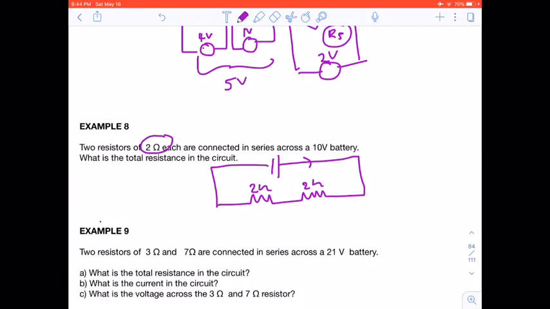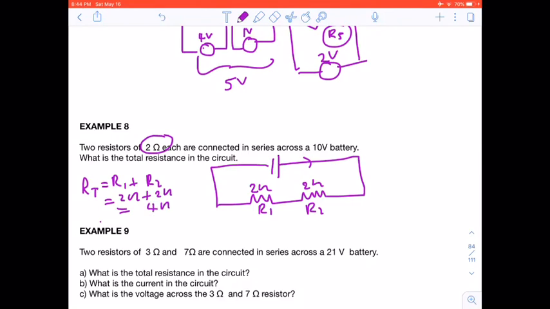R total is equal to R1 plus R2, which would mean 2 ohms plus 2 ohms is equal to 4 ohms.